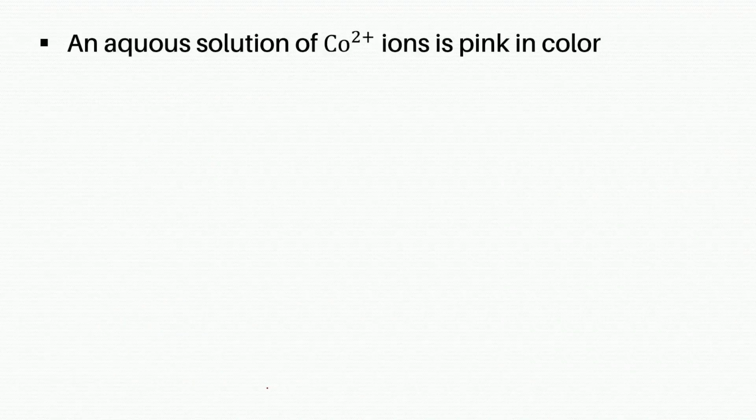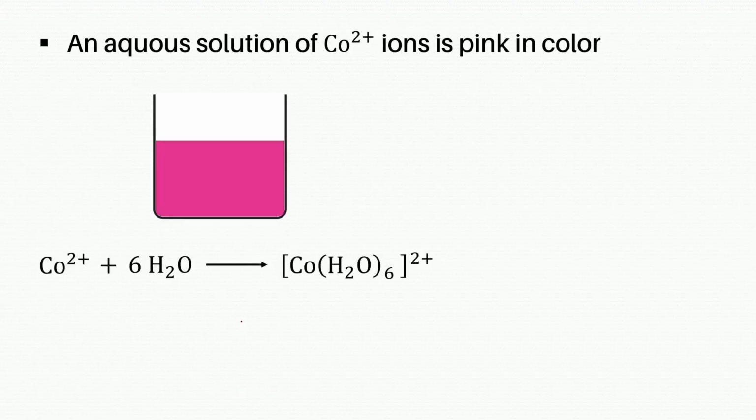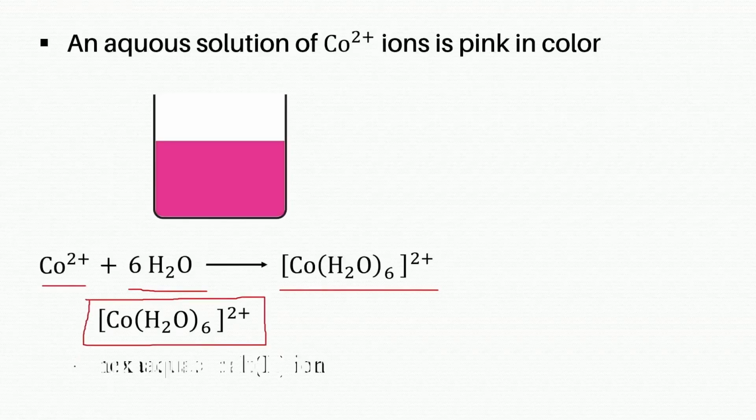Then cobalt 2+ ions are pink in color in aqueous solution, a pink solution, because these cobalt 2+ ions also combine with water molecules to form this type of complex ion, [Co(H2O)6]2+, or hexaaqua cobalt(II) ion.